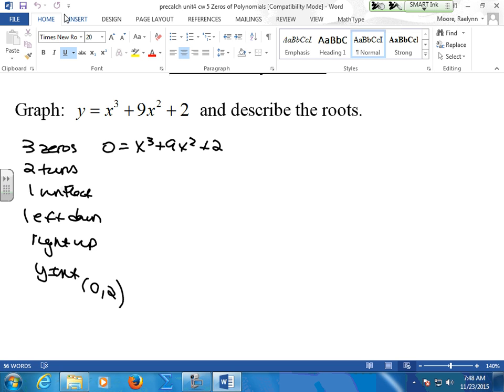This is how you tell the difference. How do I know when I have to use synthetic division? When I look at this and I say, how am I going to factor this? If I can't factor it, I put it in my calculator, I'll find a zero, and I'll start synthetically dividing. Because you told us there were 3 zeros. So I've got to be able to find them.